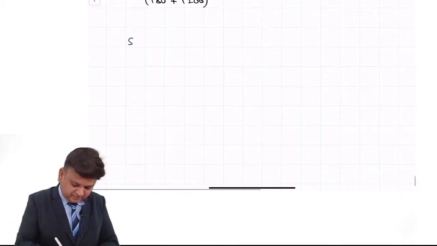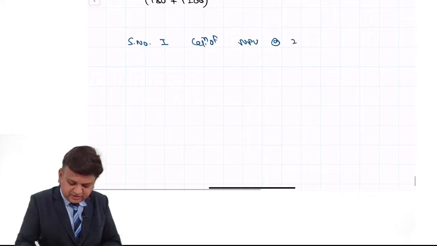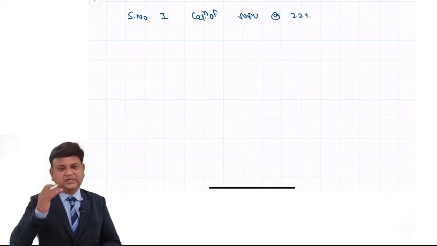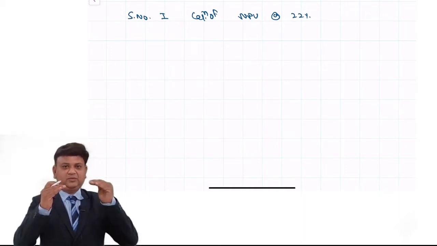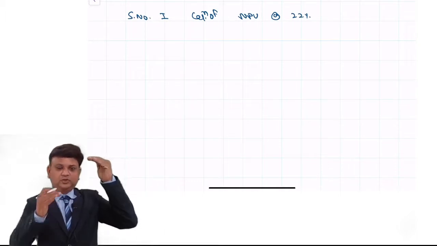Step number 1. Calculation of NPV at the rate of 22%. Why 22%? Randomly I have selected because at 25% NPV is negative. So from negative to positive, we have to reduce the cost of capital.